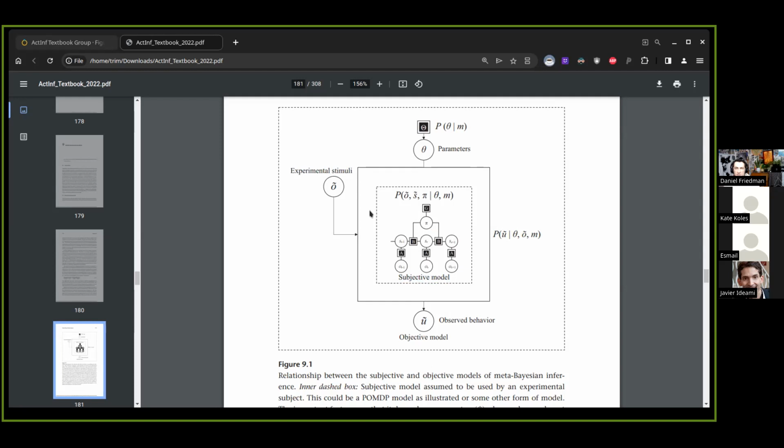If the experimental stimuli don't differentiate hypotheses well, they're not informative stimuli. For example, if we're trying to test the efficacy of a cancer drug, and we're testing it at doses 1,000, 2,000, and 3,000, and maybe that's way too high or too low, those are not informative experiments.